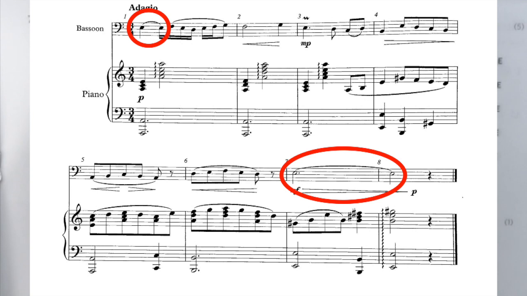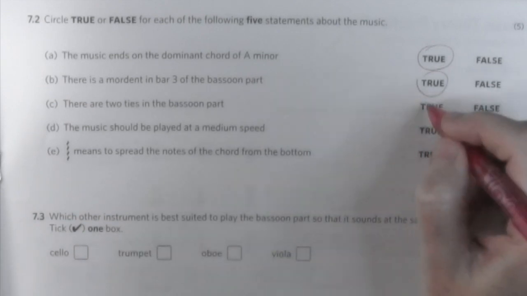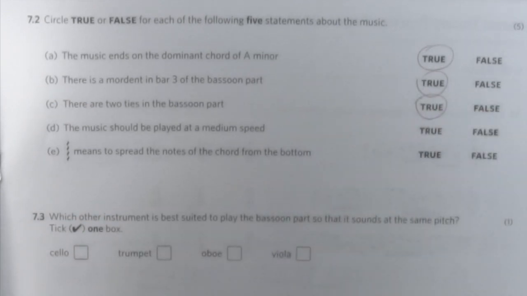That is not a tie because there is a difference. It's a bit more rounded, as you can see. And the tie is more flattened. There is a visual difference. There is also it links 2 notes that are not the same, so it can't be a tie, but it is a slur. So there are only 2 ties in this part, yes.